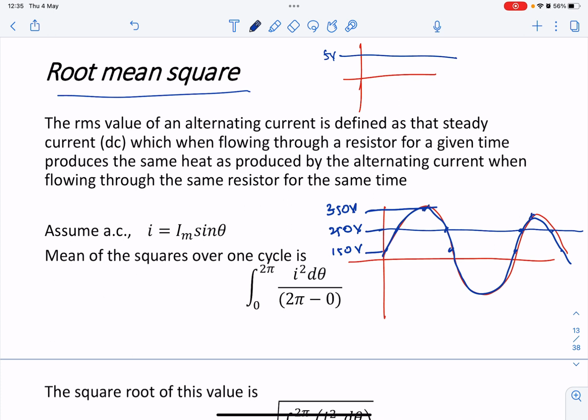We do not know kalau AC value ni berapa voltage-nya sebenarnya yang consistent. So based on this waveform, we calculate berapa ia punya average based on this shaded area. So kena panggil namanya root mean square.